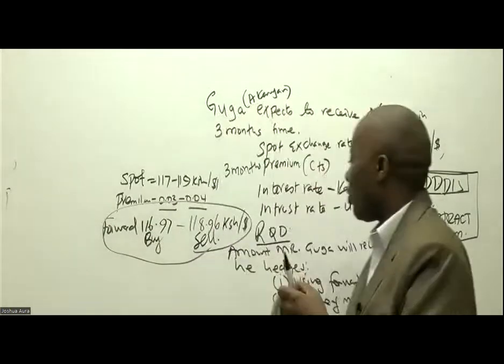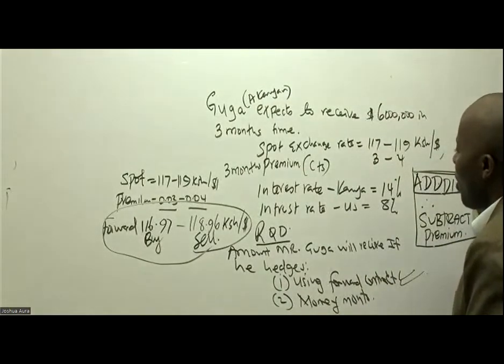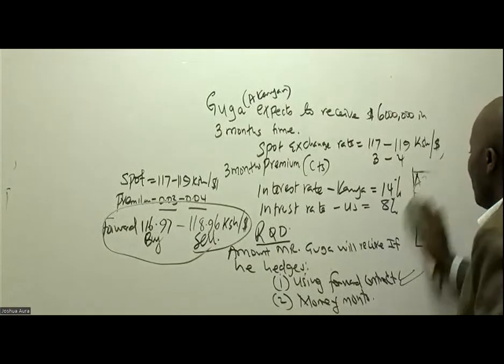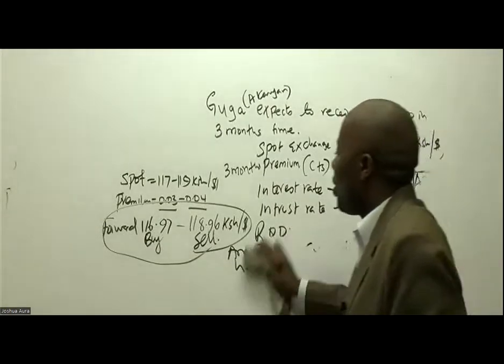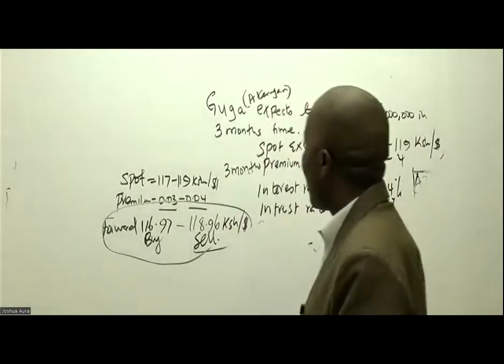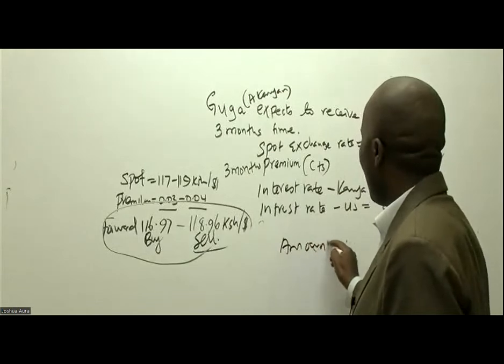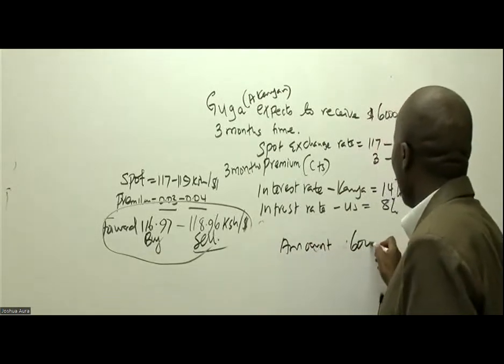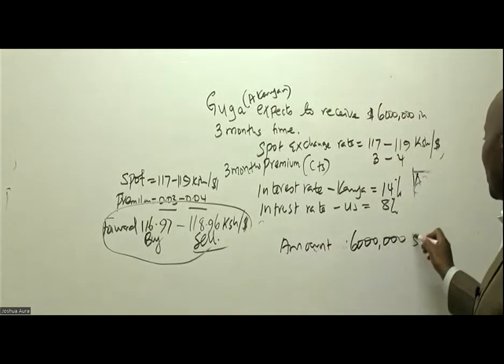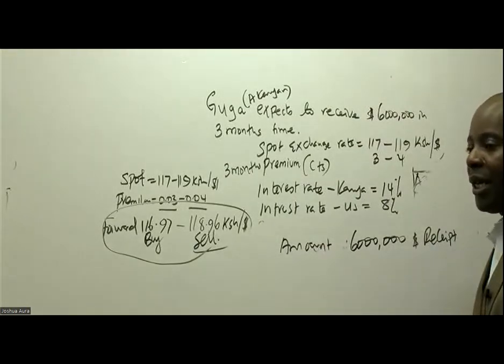Now, ladies and gentlemen, I know what to do here. When it comes to a forward contract, I need two things. Number one, the amount. The amount in this case is $6 million, which happens to be a receivable or a receipt.